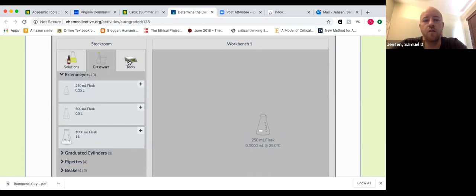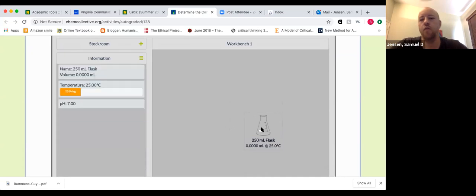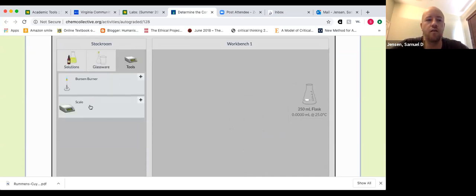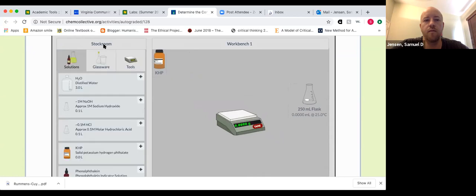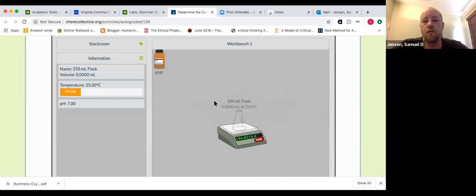If we were doing, say, our KHP solution, you can put your flask right onto the scale, and if you hit tare, it does just like the scale would do in the lab. It would reset your scale back to 0.